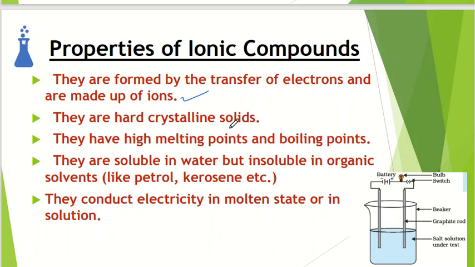They are hard crystalline solids. They have high melting points and boiling points. They are soluble in water but insoluble in organic solvents like petrol, kerosene, etc. They conduct electricity in molten state or in solution.